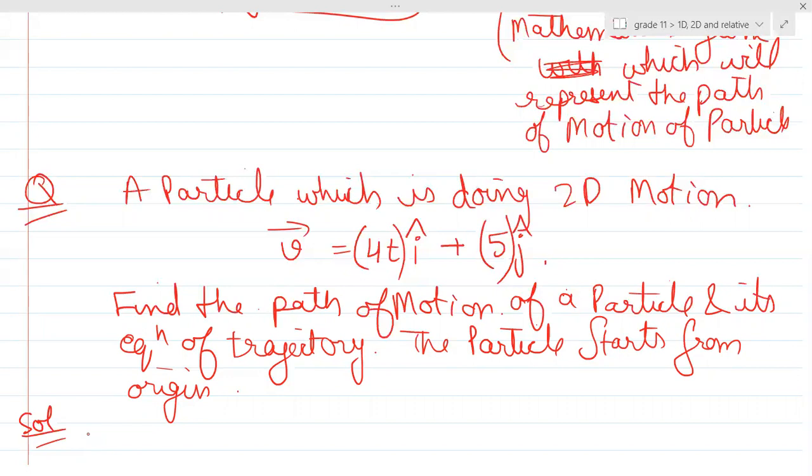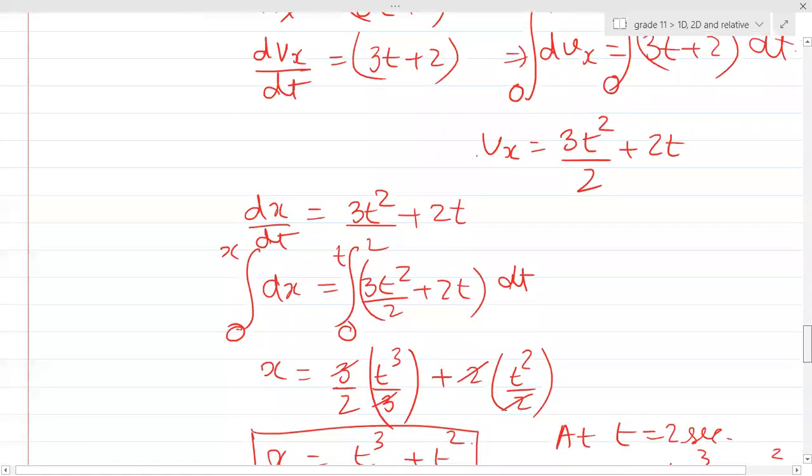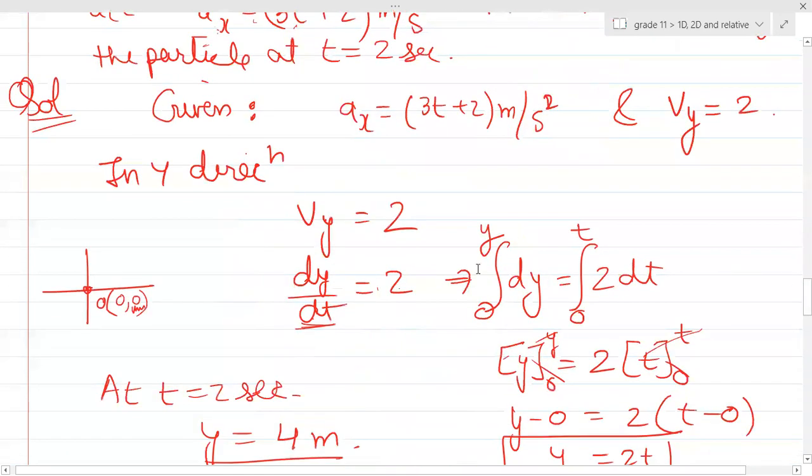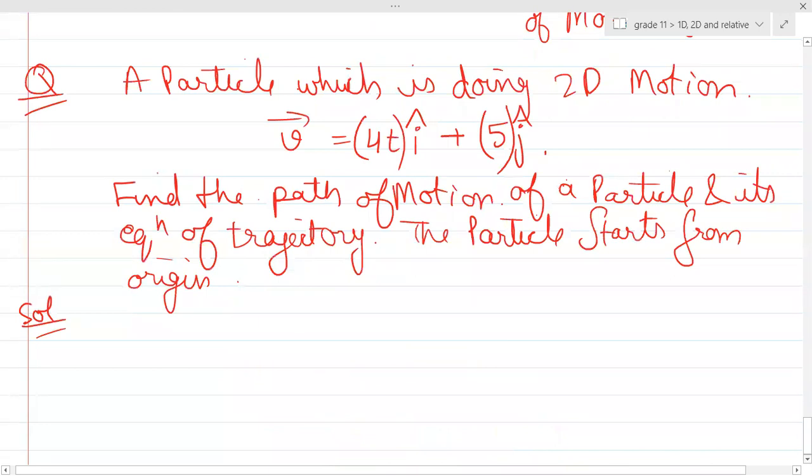Can you find out the function of x and the function of y in terms of time? Just like what we did in the previous case, from velocity to position, we came like this, right? Integrating. So can you integrate this for me? The x component separately and the y component separately.